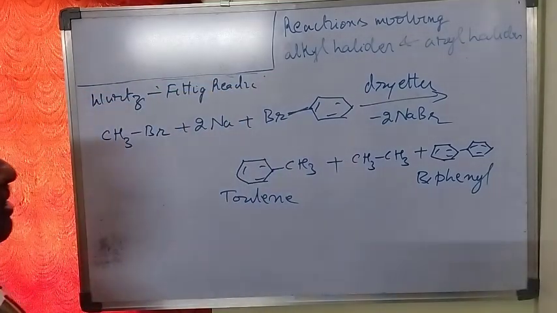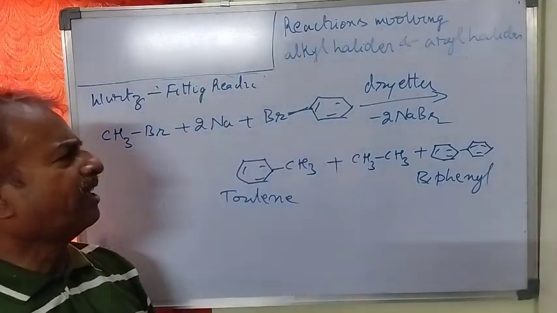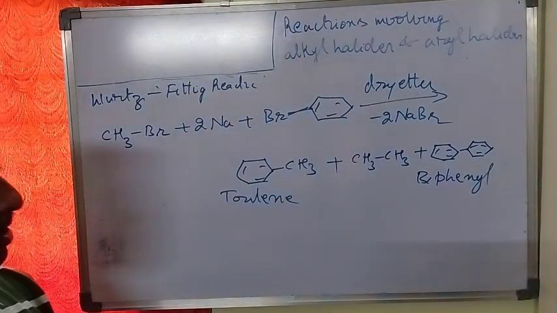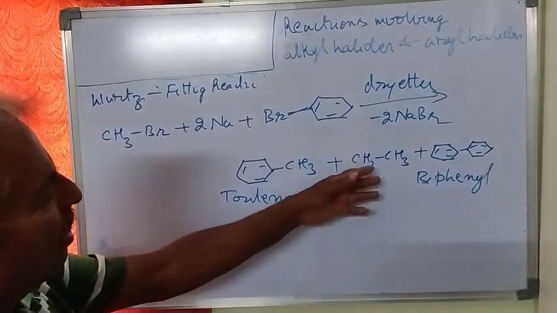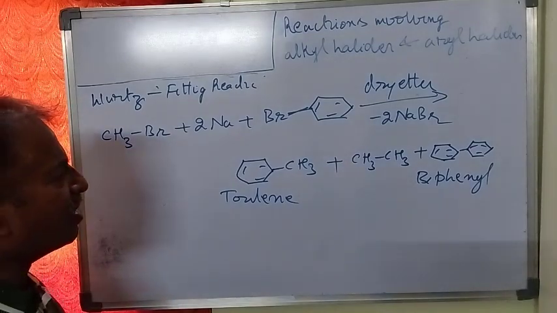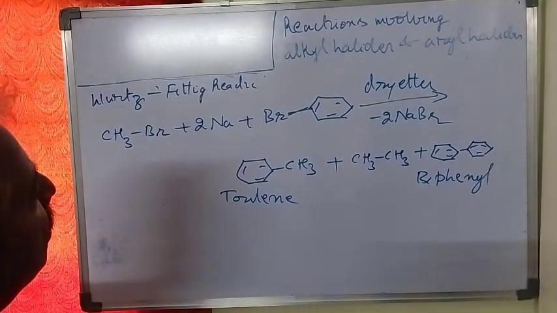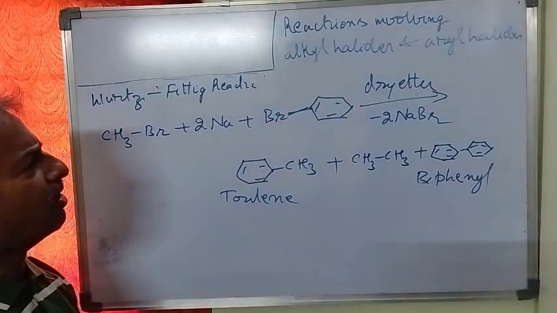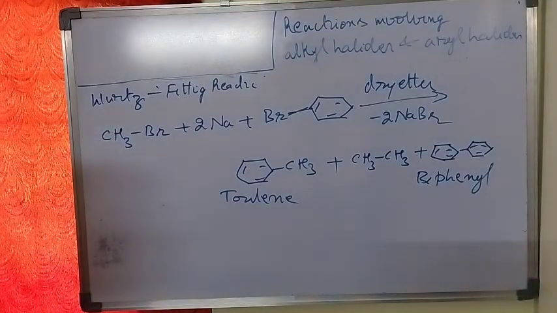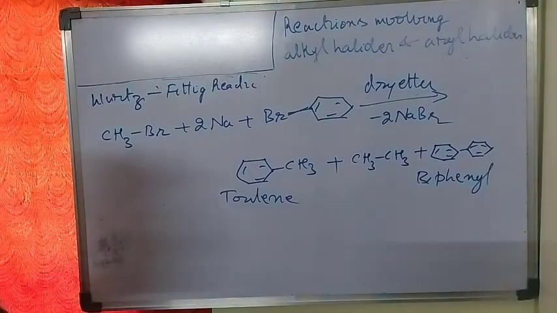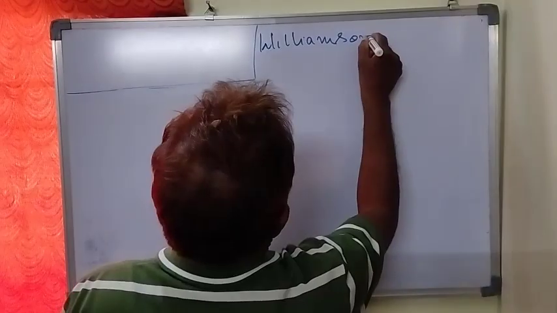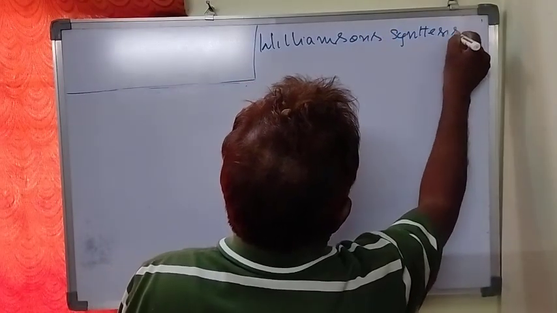So in the Wurtz-Fittig reaction we use one alkyl halide and one aryl halide, therefore we get 3 different substances. So in these reactions involving alkyl halides and aryl halides, we have 3 different reactions: Wurtz reaction, Fittig reaction, and Wurtz-Fittig reaction. Next reaction is Williamson's synthesis.